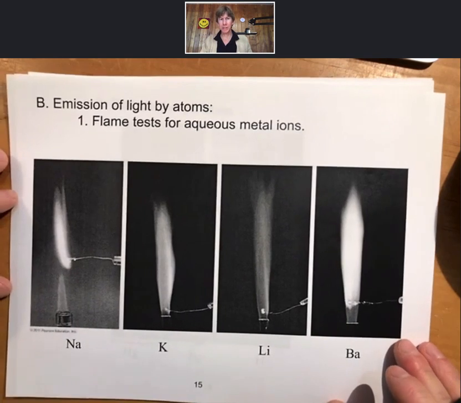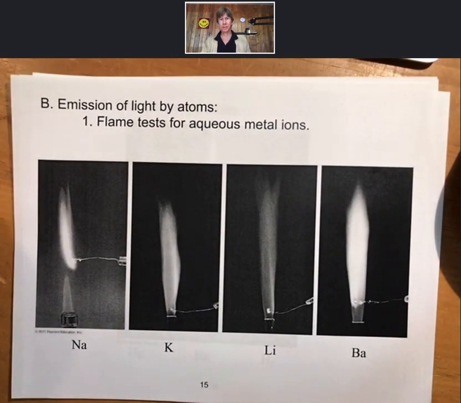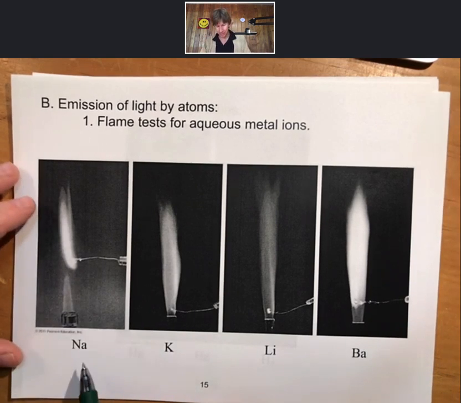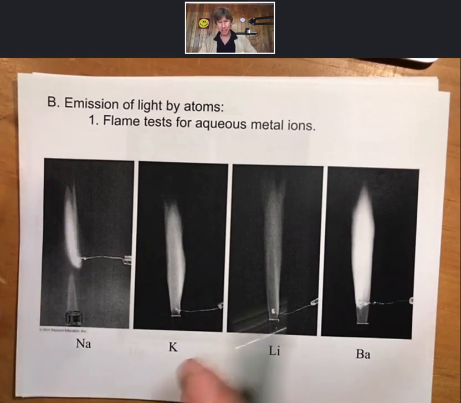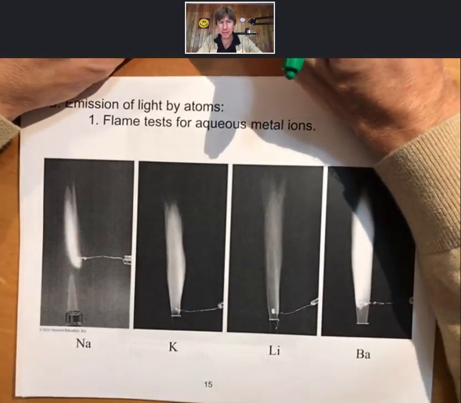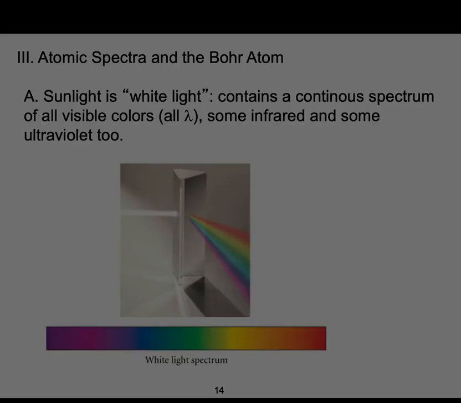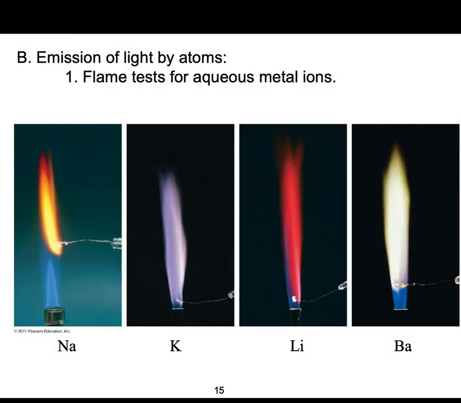Now, what we're going to do is look at the results of flame tests for aqueous metal ions. And the thing that we have to know about this is, first off, these are metal ions. They're put into a flame, and each of these metal ions has a different color when put into a flame.